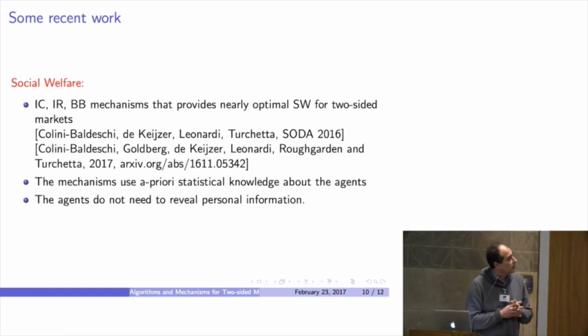What is interesting for this mechanism is that it uses only a priori statistical knowledge about the preferences of the agents, but it doesn't ask the agents to reveal their personal information.